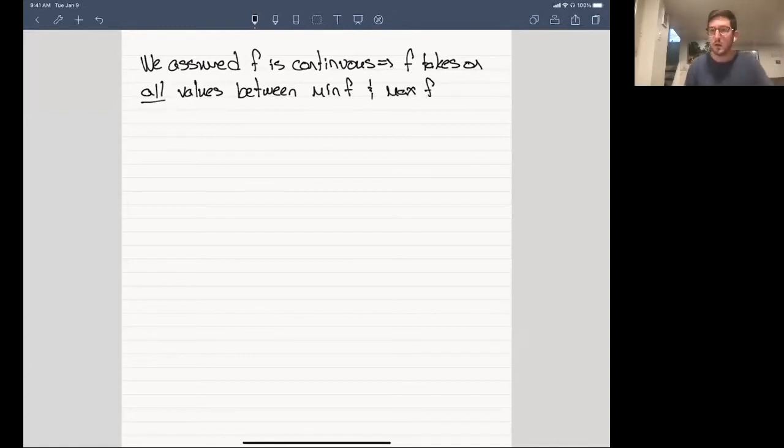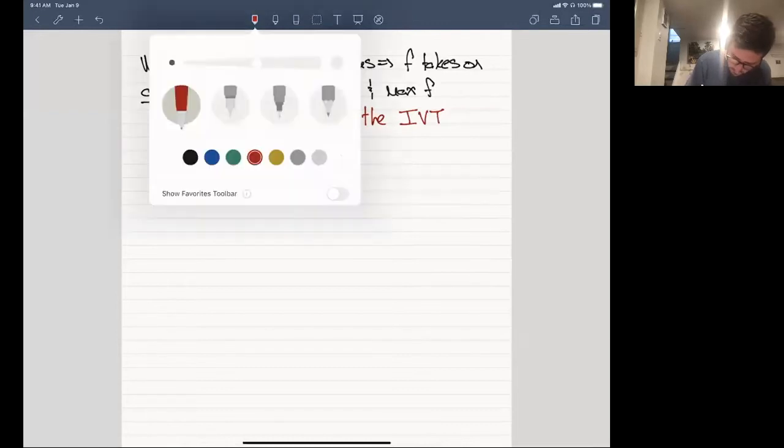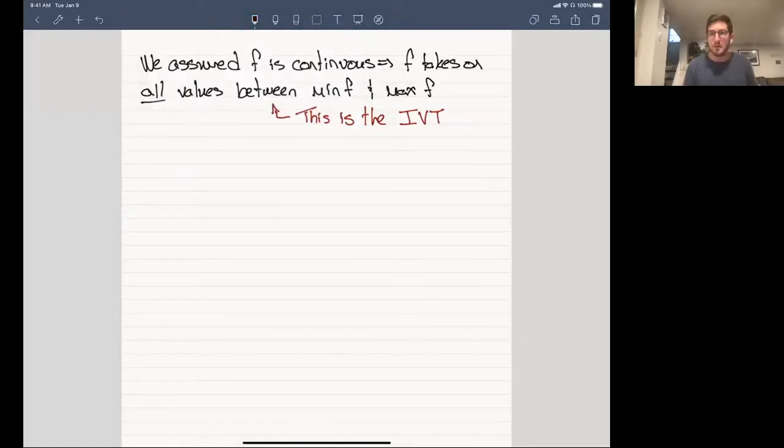You're probably familiar with this result. This is called the intermediate value theorem, and we write that as IVT in the same way that I write MVT for the mean value theorem.